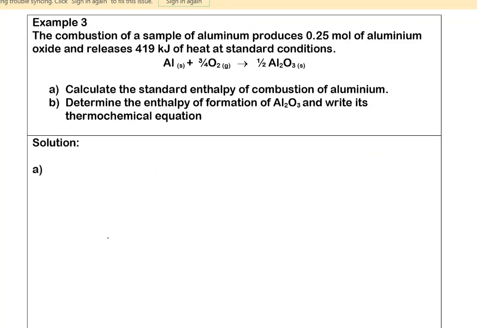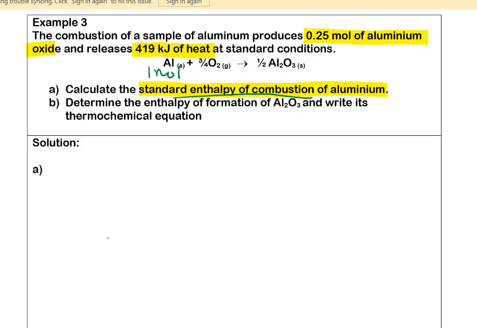The combustion of a sample of aluminium produces 0.25 mole of aluminium oxide and releases 419 kilojoule of heat at standard condition. So given the chemical equation here, calculate the standard enthalpy of combustion of aluminium. According to the definition, standard enthalpy of combustion is when you burn 1 mole of aluminium.